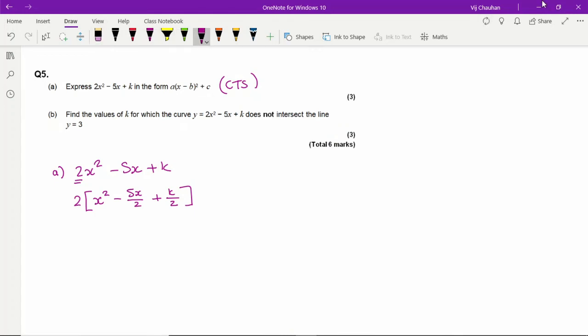And then what we need to do is apply completing the square on these two. So I've got the 2, I'll leave that out. So I've got x, and I'm going to halve this again, so it becomes (x minus 5 over 4) squared plus k over 2, and I'm going to subtract 25 over 16. And then from this, I'm going to multiply everything out by 2.